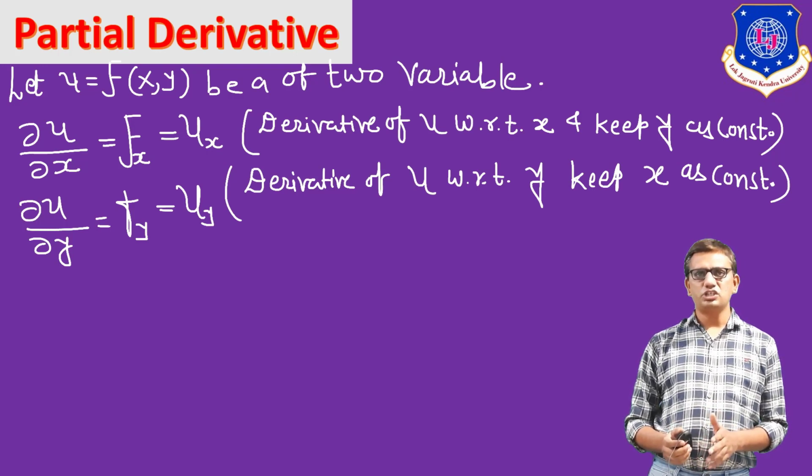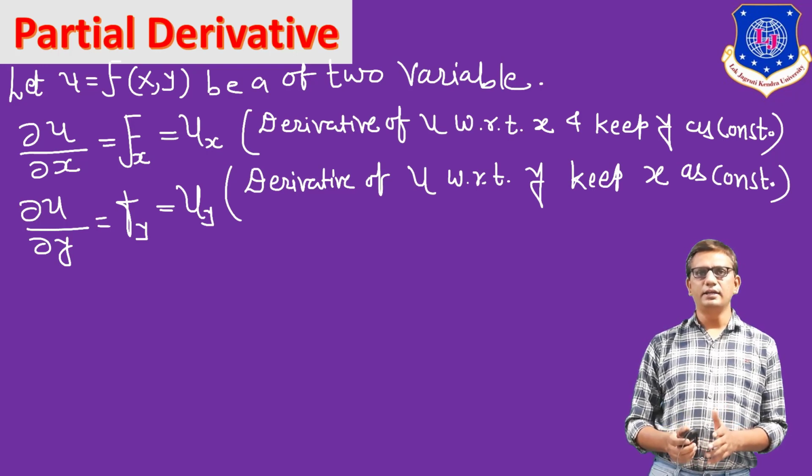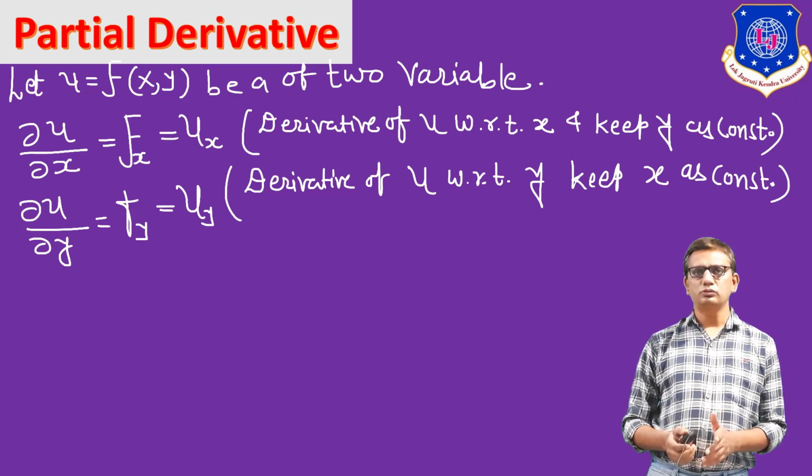Here if we change x, then there is a change in u, and that is measured with the partial derivative del u by del x. It is also denoted as f suffix x.